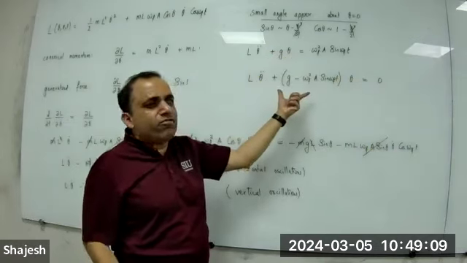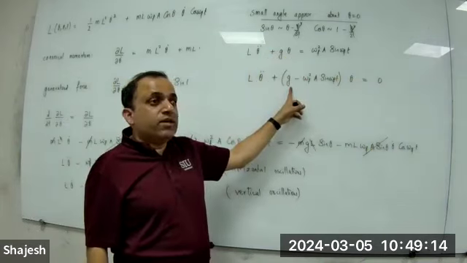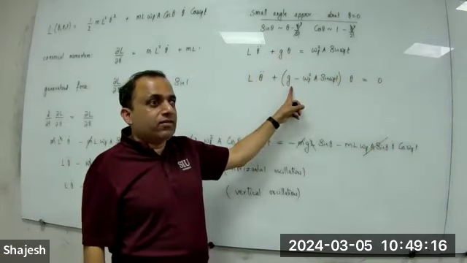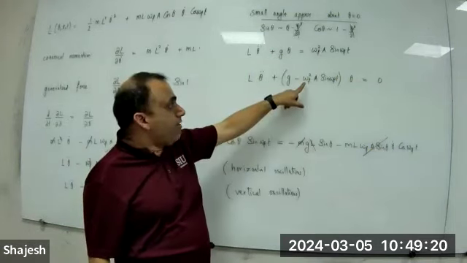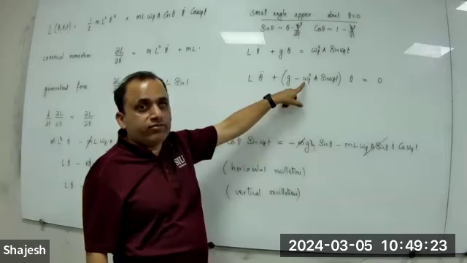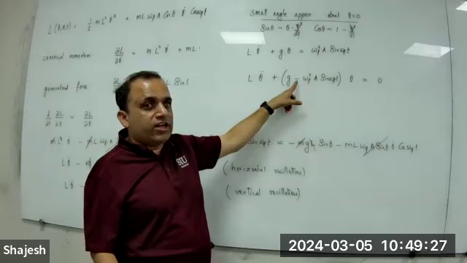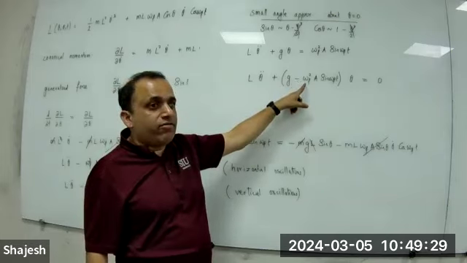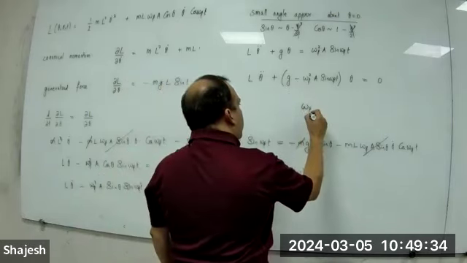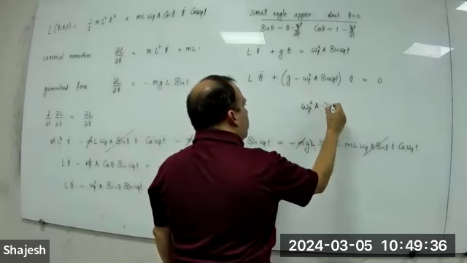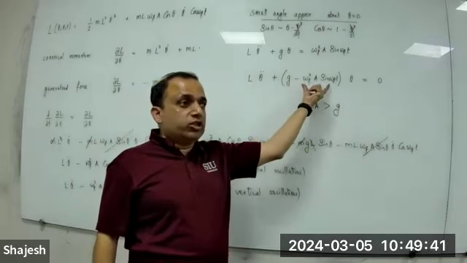How will you interpret this? Very simplistically speaking, here the gravity is being replaced. G, which is pointing down, if you have a frequency large enough, this can become negative. So you see the critical frequency coming in. If the forcing frequency is larger, so if omega f square A is greater than G, that means this term can be larger.